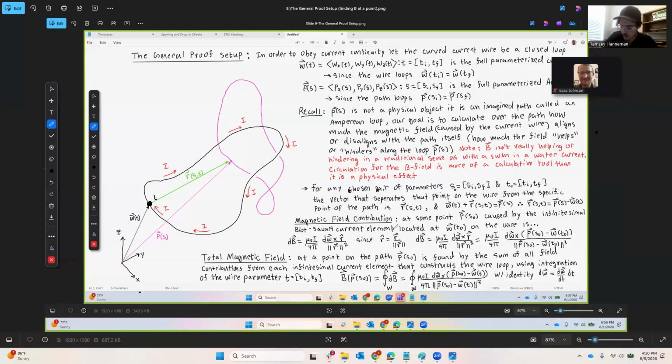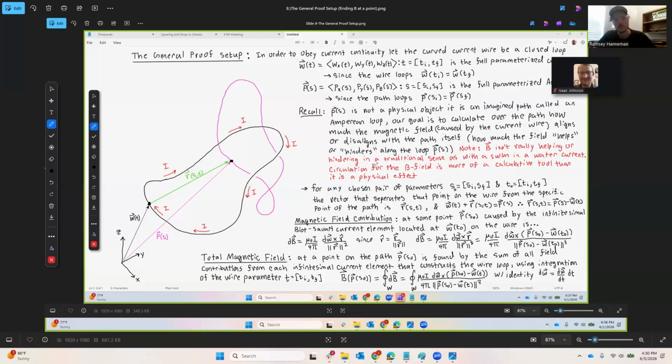All right, so we've got our parameters chosen, and the vector that separates a point on the wire and a point on the path, I'm going to call that R. That's super important because Biot-Savart requires us to know the radius vector in order to figure out the field contribution at some point in space.